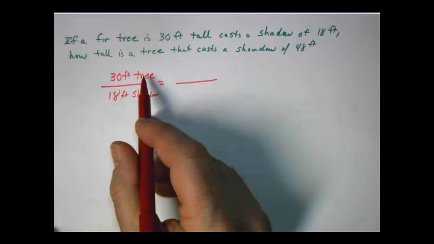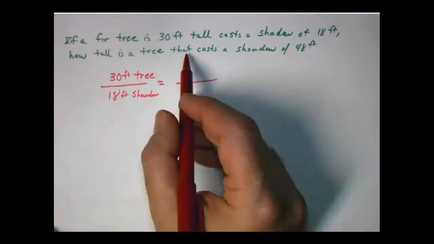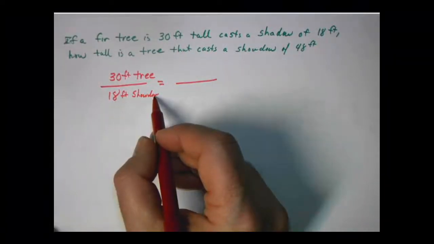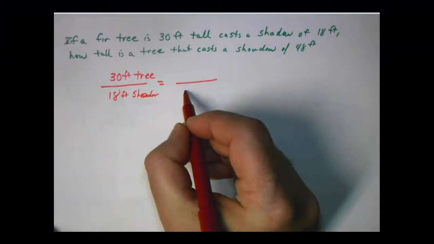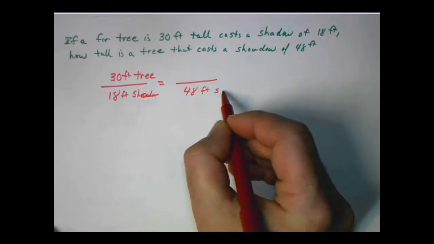Okay, so I have tree over shadow. The next part of the problem, it says how tall is a tree that casts a shadow of 48 feet? Well, my shadow's on the bottom down here. So I want to make sure that shadow is on the bottom on this side. So shadow is 48 feet.